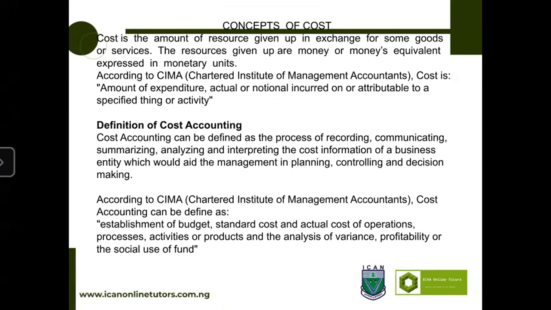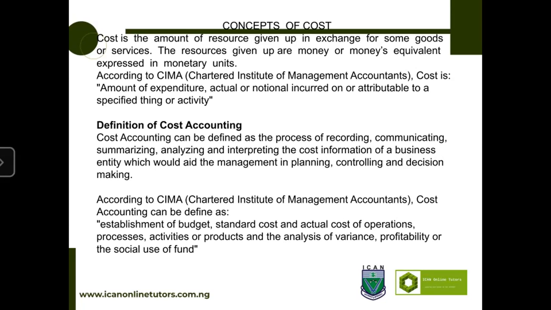CIMA is the body of cost accountants, just as we have ICAN. And CIMA, being the body of cost accountants, has standard rules of definition for each of its items. How did CIMA define cost?